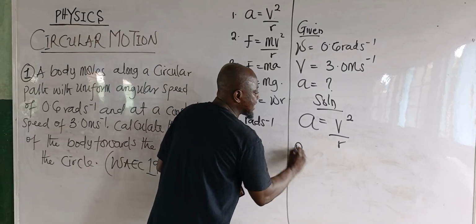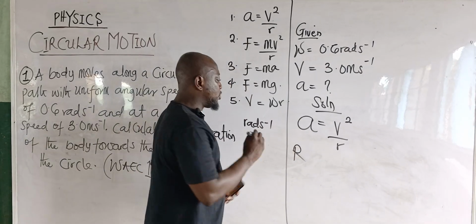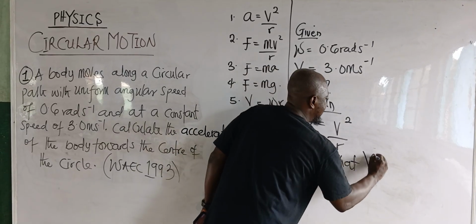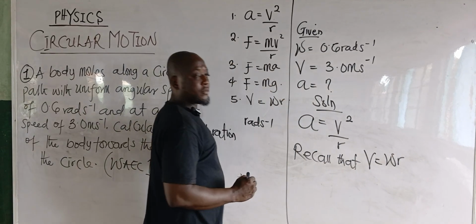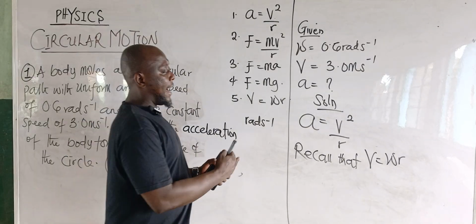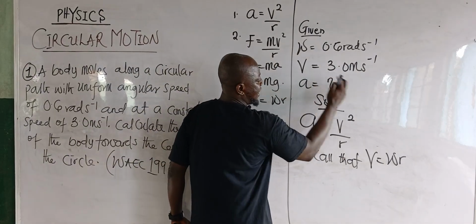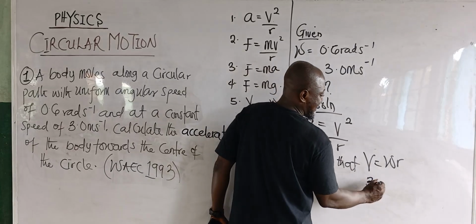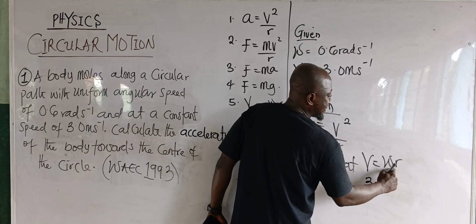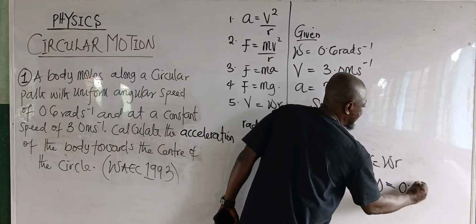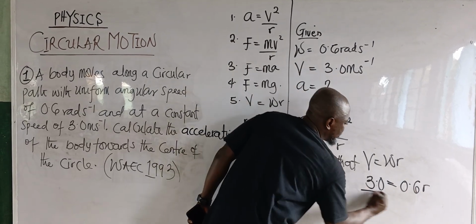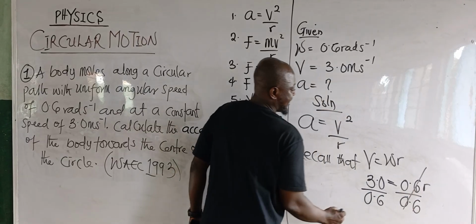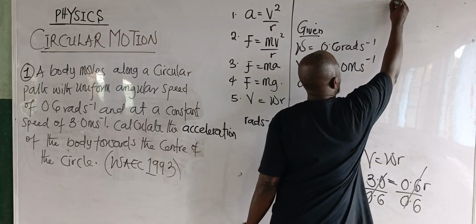So to get this R, what do we say? We recall that V equals omega R, that is angular speed times R. We know our V. Look at my V here, my V at this point is 3.0, which is the same as 3. Then omega is 0.6. We are looking for R, so you divide by 0.6, and the 0.6 cancels out.